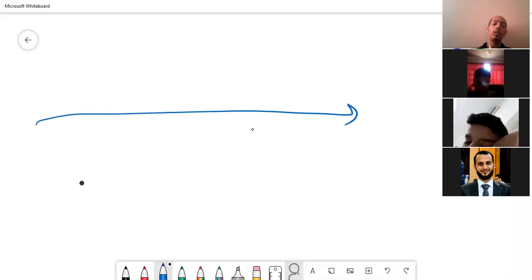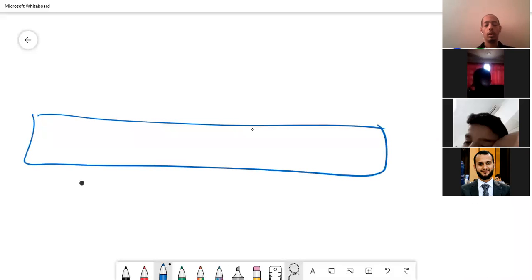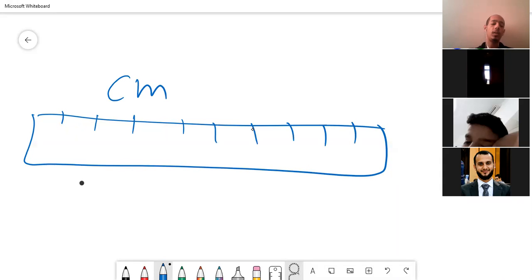For example, if you have this line, or you have your ruler, your ruler is divided in steps of centimeters, right? Inside or between two marks, how many divisions between each two marks?